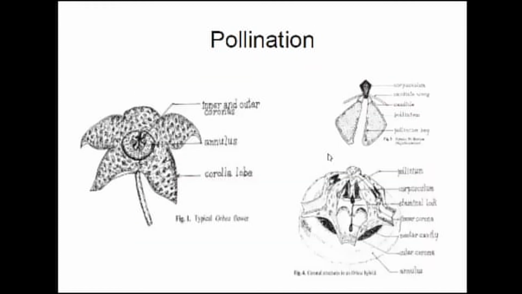And here is a sketchy picture of a very typical Stapeliad flower. This is an Orbea. And what's interesting about Stapeliad flowers is that the male and female organs are merged together.